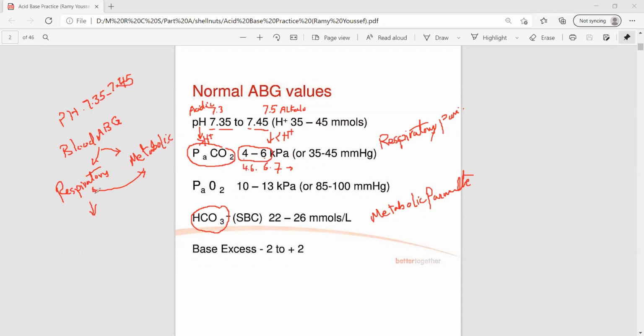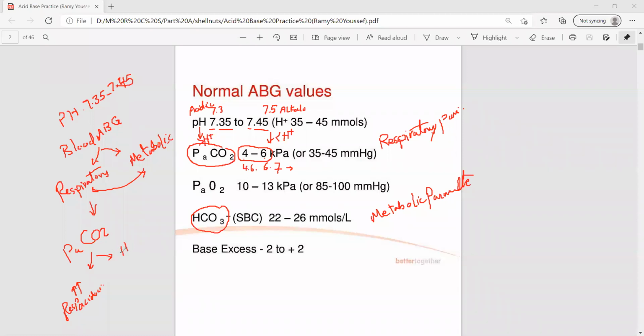What is responsible for the respiratory parameter is the CO2 pressure. So if I have more CO2, I have a condition of acidosis, which is respiratory acidosis.